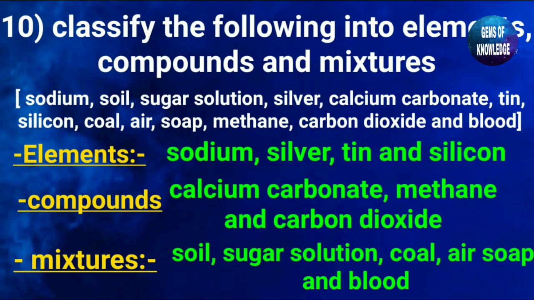Here the compounds are calcium carbonate, methane and carbon dioxide. Then coming to mixtures: soil, sugar solution, coal, air, soap and blood. These all contain a number of things in them, so they are called mixtures.